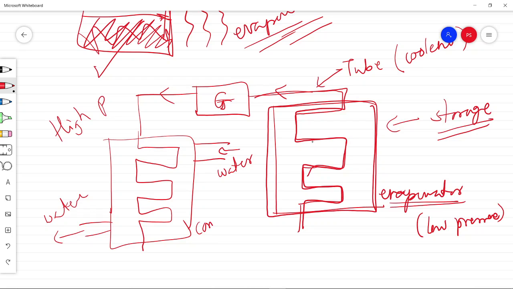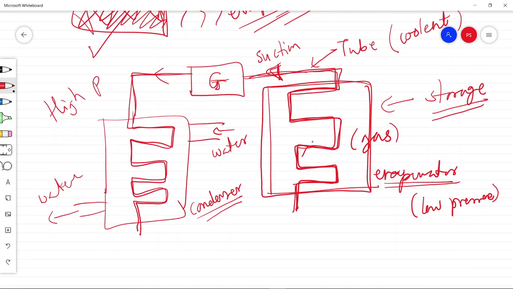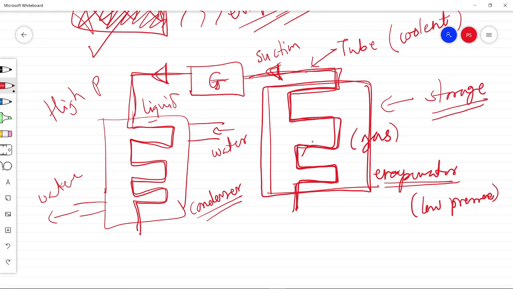This region is hence called the condenser. Note that in this region the coolant is in gaseous state. When the compressor sucks it and transfers it to the other region of high pressure, due to high pressure and this condenser, the gas gets converted into liquid state.